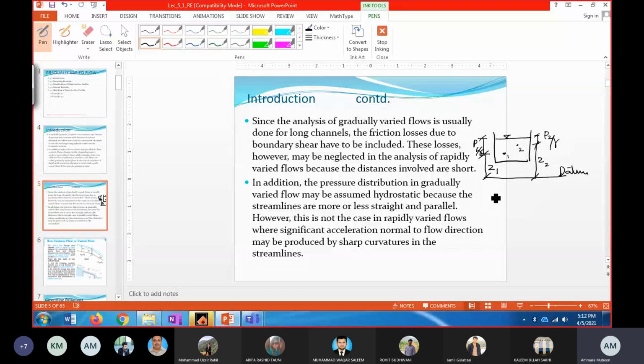So according to the law of hydrostatics applied to the stationary fluid in a container, P1 over gamma plus Z1 is equal to P2 over gamma plus Z2.